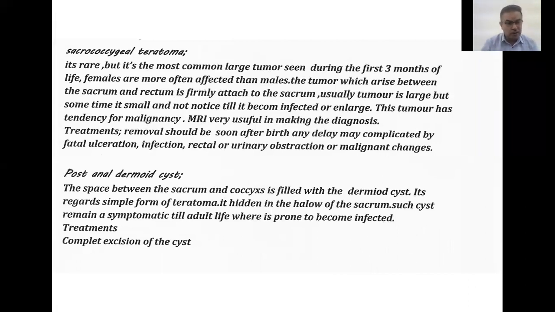Another congenital abnormality, sacrococcygeal teratoma. It is rare, but it is the most common large tumor seen during the first 3 months of life as a congenital abnormality in a newborn baby.